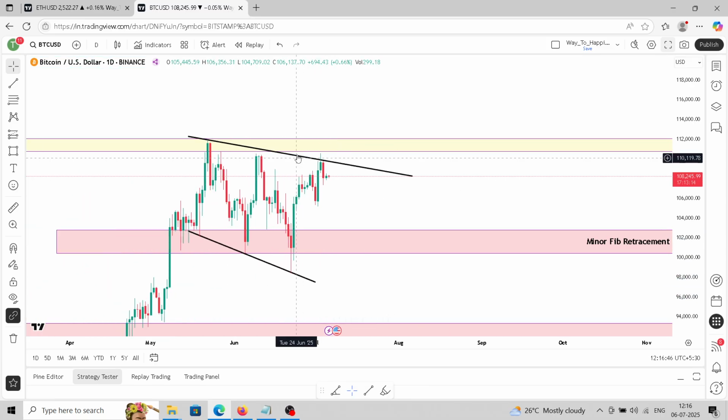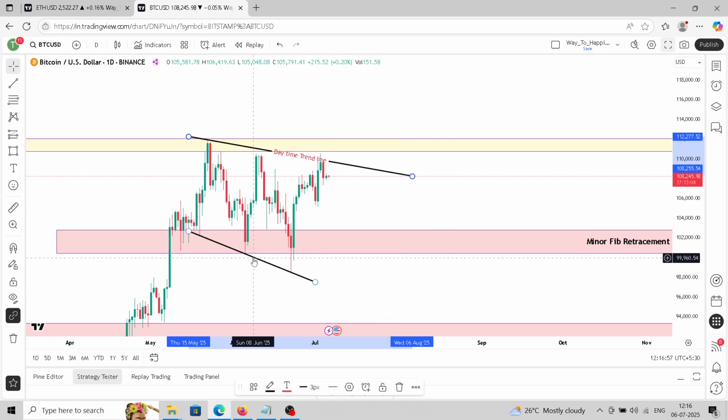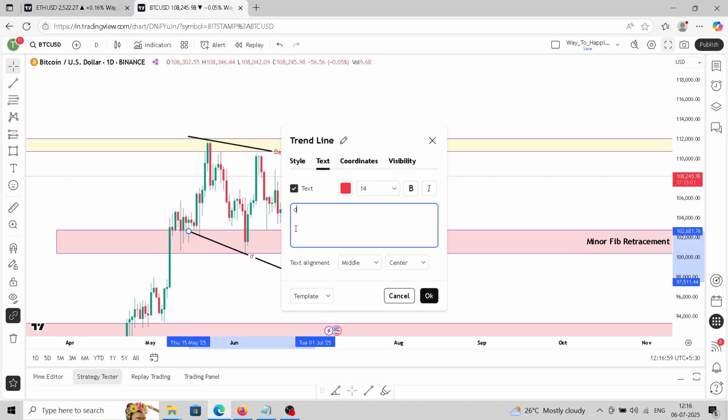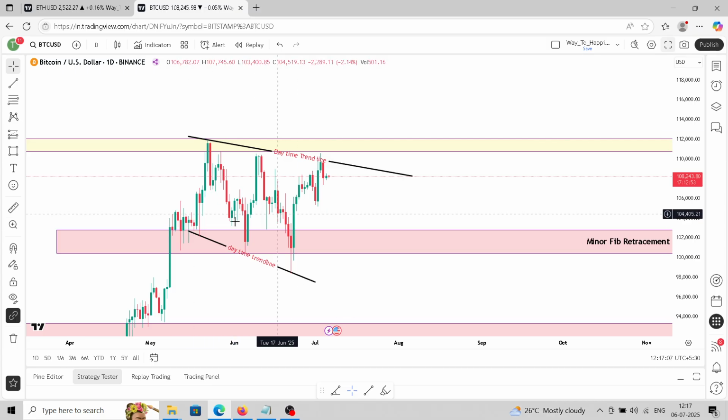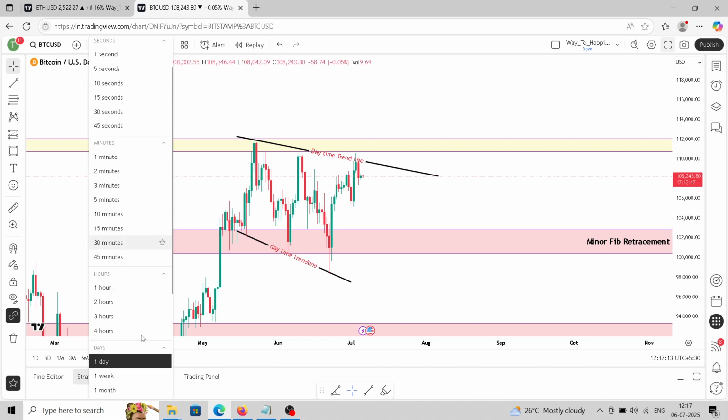I call this the daily trend line. This is also a daily trend line. Now, is there any pattern? No, nothing. Let's go to 4 hours then.